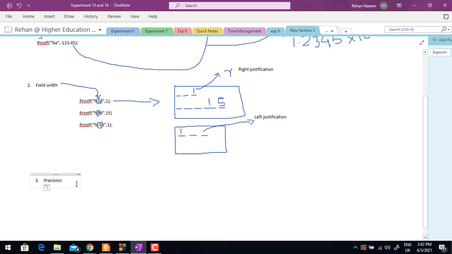Say for example, I have defined an integer i equal to 873, and if I write printf double quotation mark percentage point 4d, i, notice this point over here, point 4d i. Now what will happen?